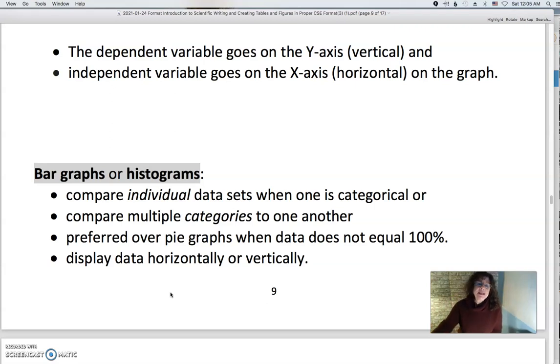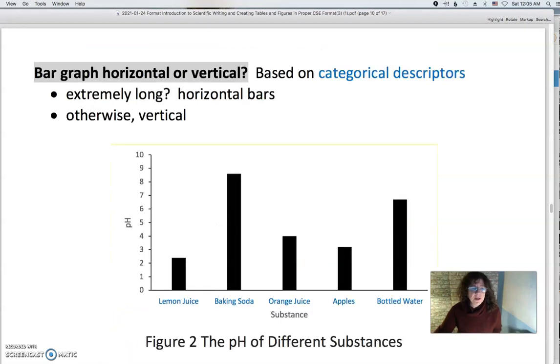And those bar graphs can either line up with bars that are vertical or they can line up with bars that are horizontal. Let's talk about where those fit into each other. The decision on whether or not the bars are going to be vertical or horizontal really comes down to the description of the categories.